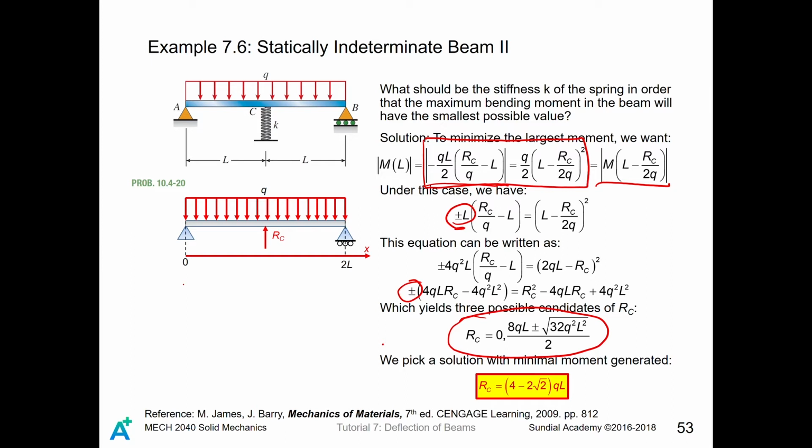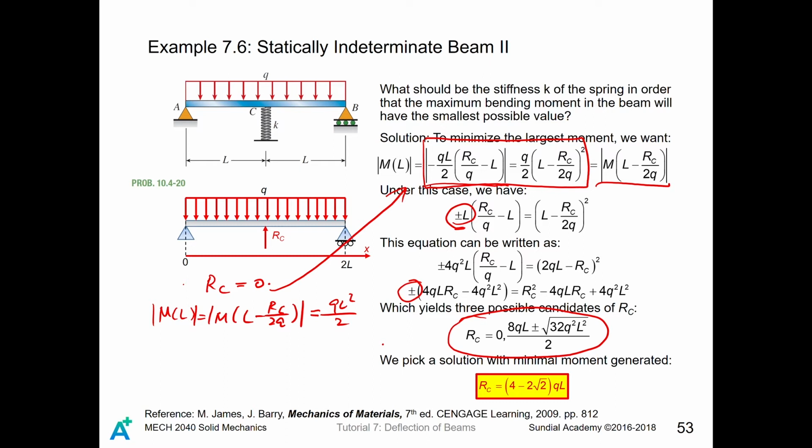So for example, if we have RC equals 0 and we put it here, then the absolute value of M(L) equals M at L minus RC divided by 2Q. It equals QL squared divided by 2.